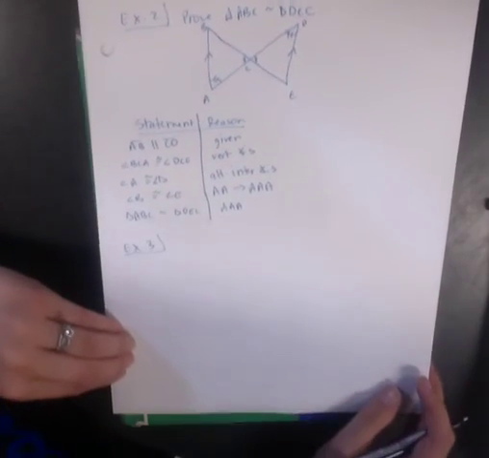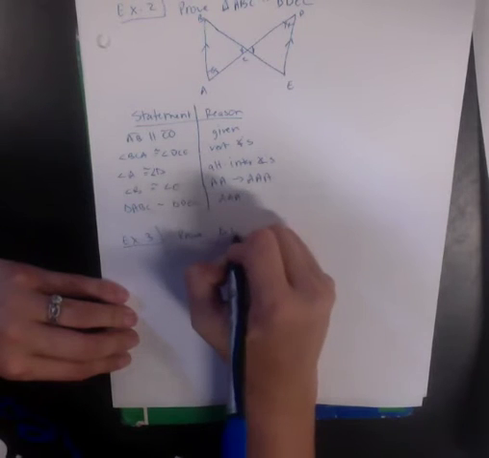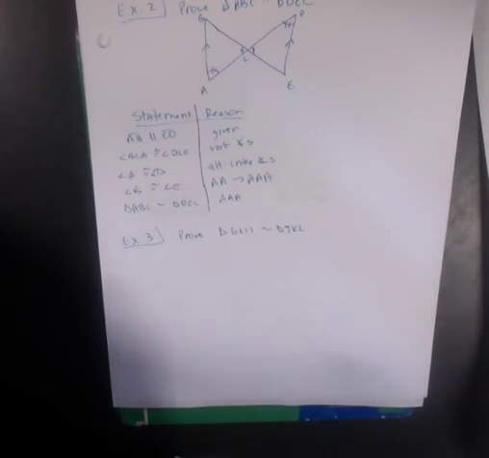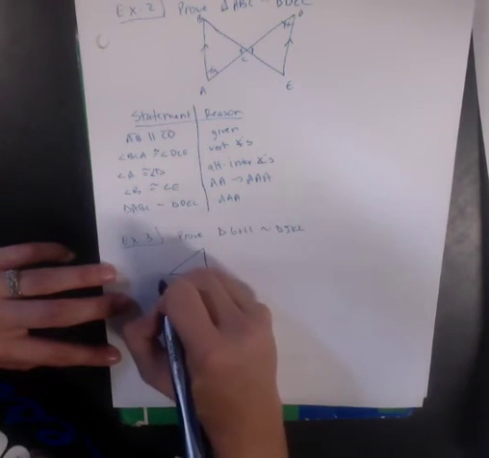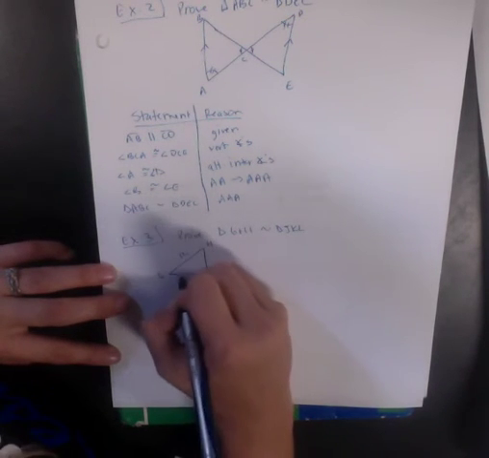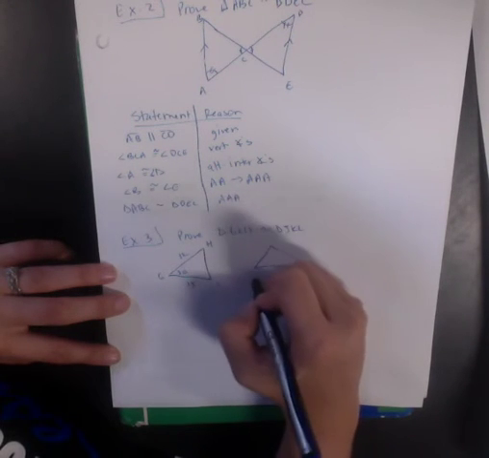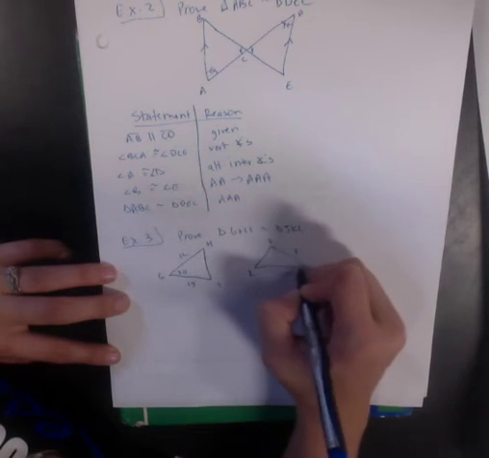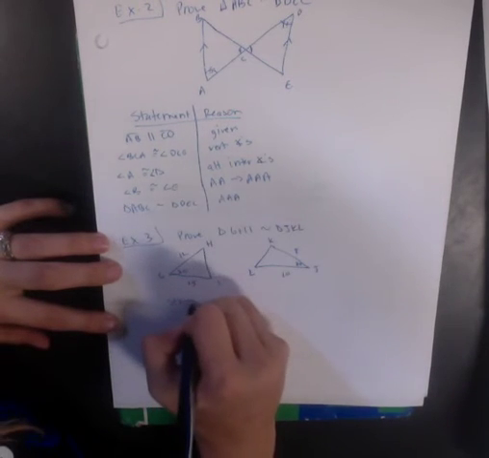Let's do another example. We want to prove that triangle GHI is similar to triangle JKL. Here are my triangles. Okay, little different.